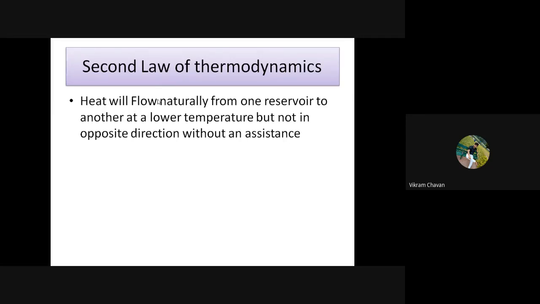Heat will flow naturally from one reservoir to another at low temperature, but not in the opposite direction without an assistance. You may find different second law statements, but in general I am putting this particular statement. Heat will flow naturally from one reservoir to another at low temperature, but not in the opposite direction without an assistance.